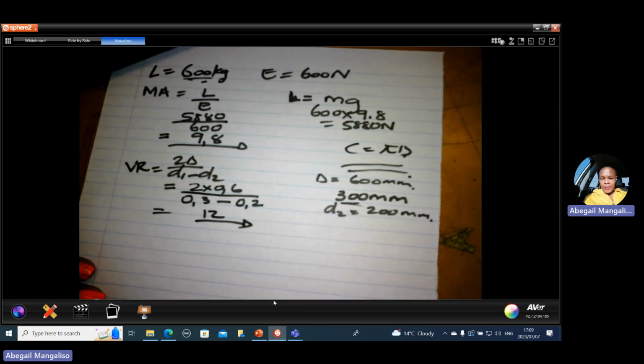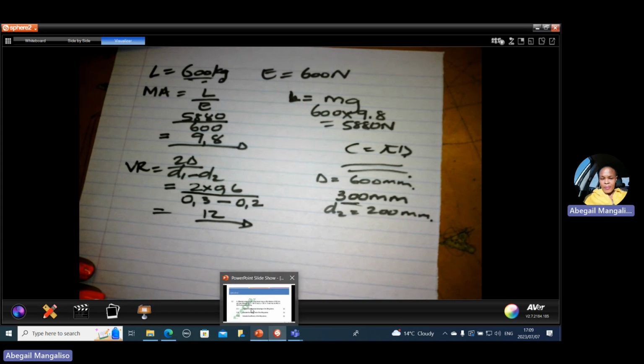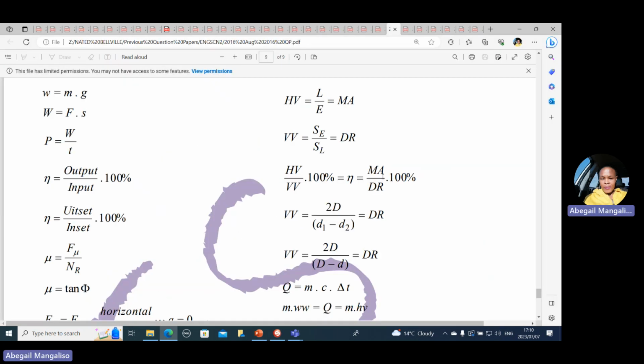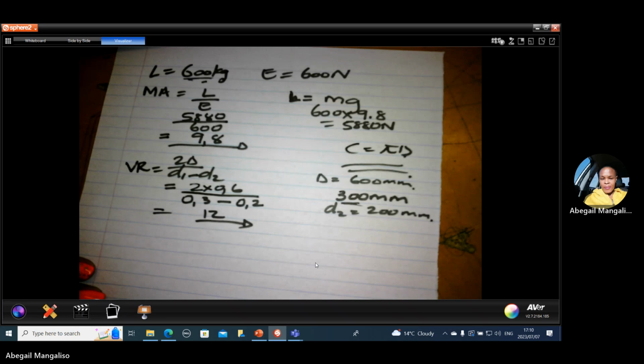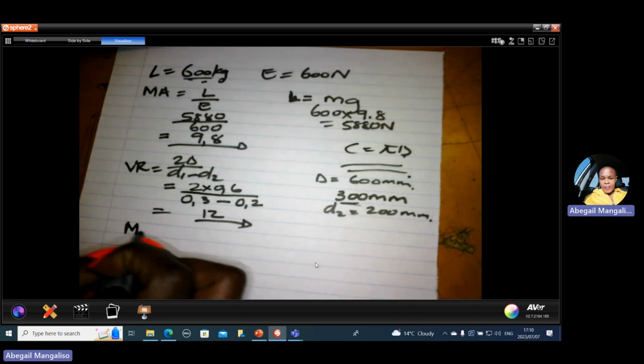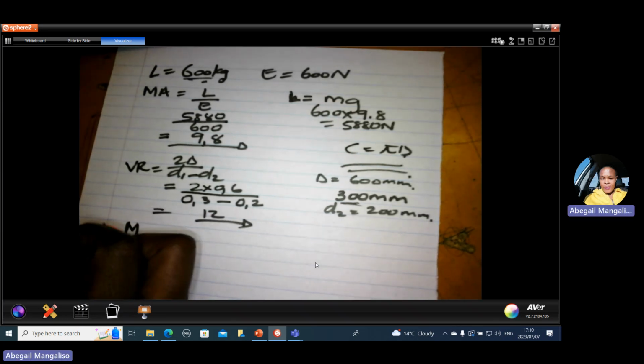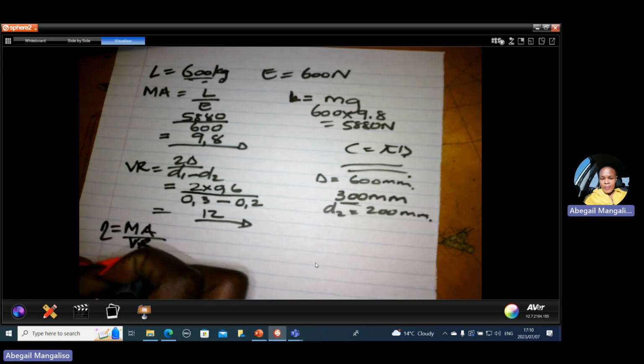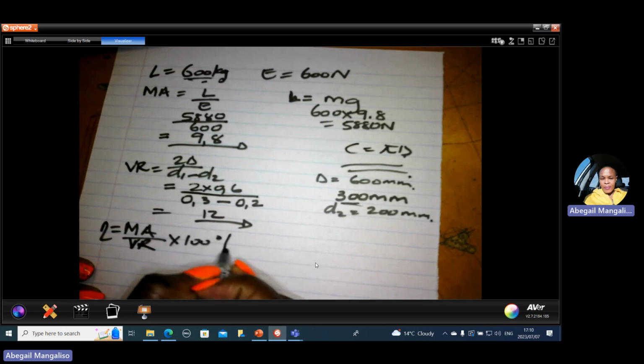It has no units. The last question says, calculate the efficiency of this lifting device. The formula to calculate efficiency in lifting machines is this one, MA over VR. So mechanical advantage over VR is equal to efficiency. You divide by VR and you multiply by 100%.